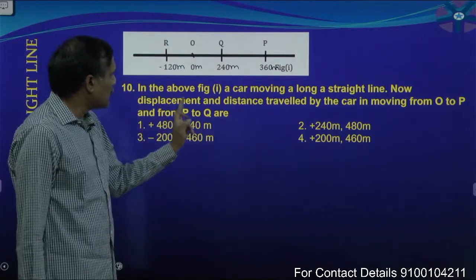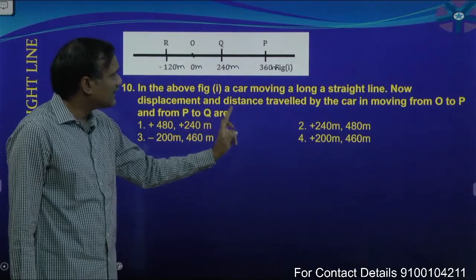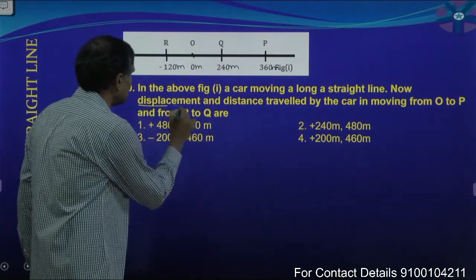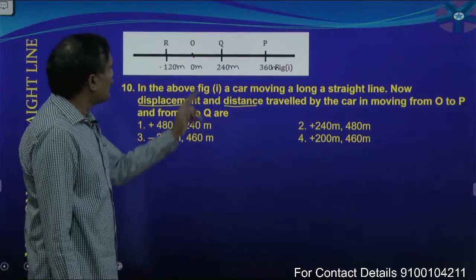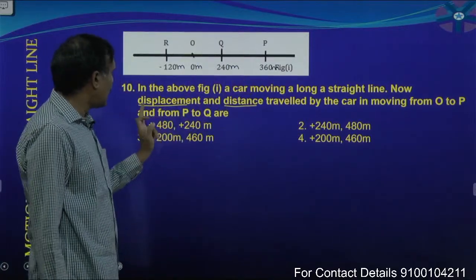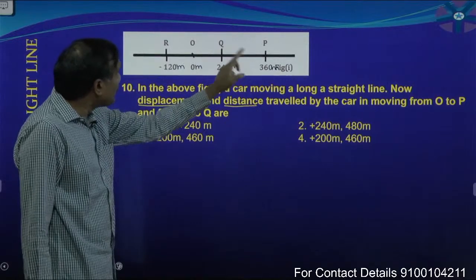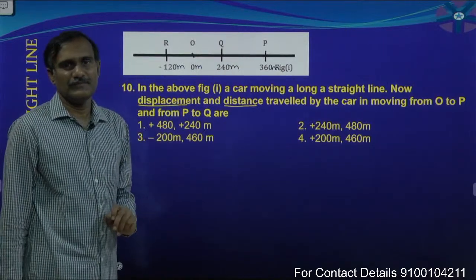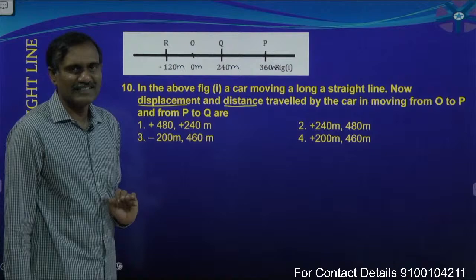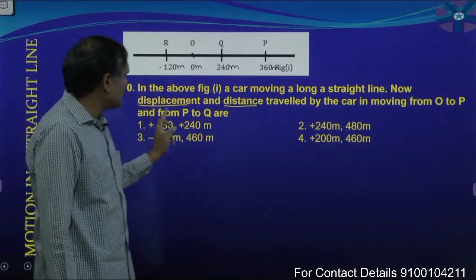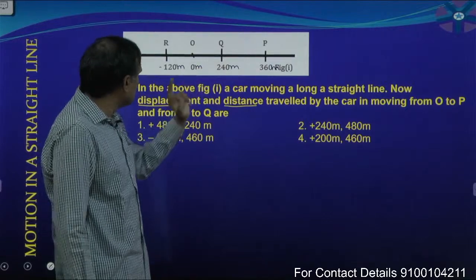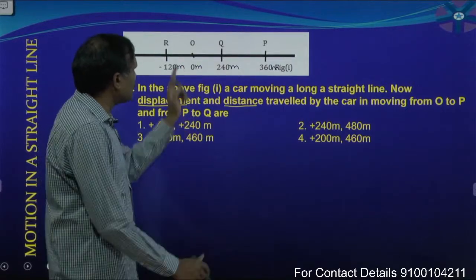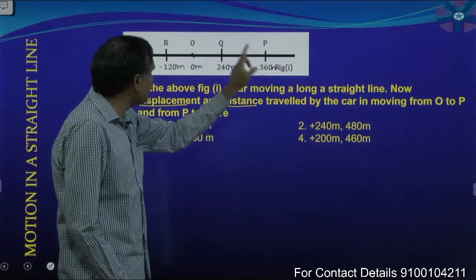Now, we want to find the displacement and distance travelled by the particle in moving from O to P and from P to Q. We are going to calculate displacement first. It travels from O to P and then from P to Q.